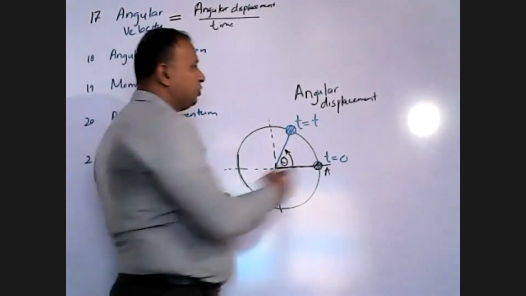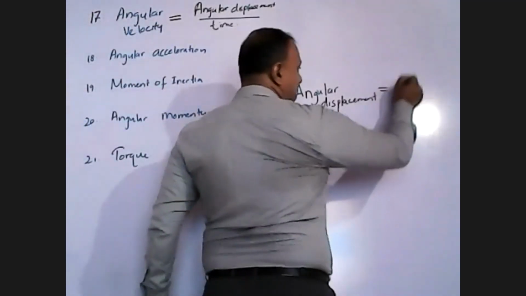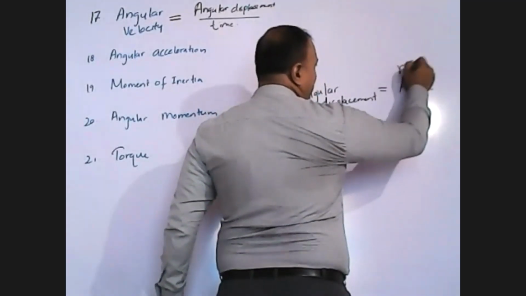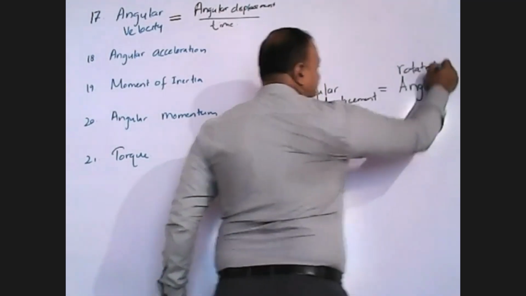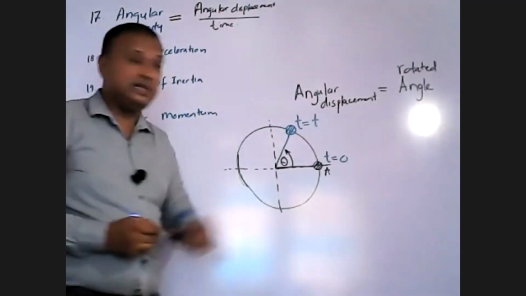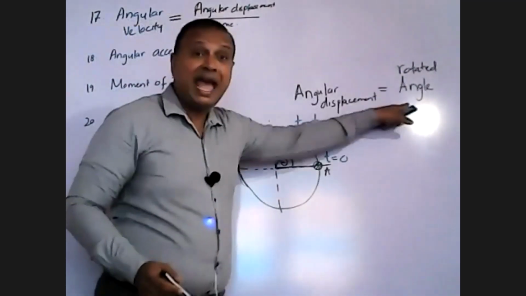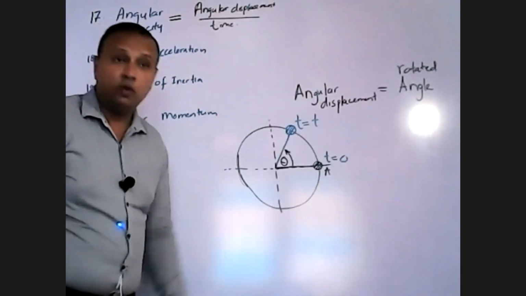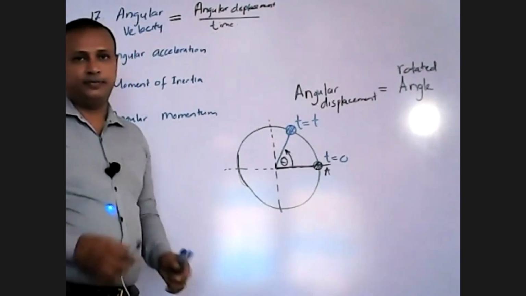So angular displacement is equal to an angle. It is a rotated angle. Angular displacement is equal to the rotated angle. So angular displacement is an angle.